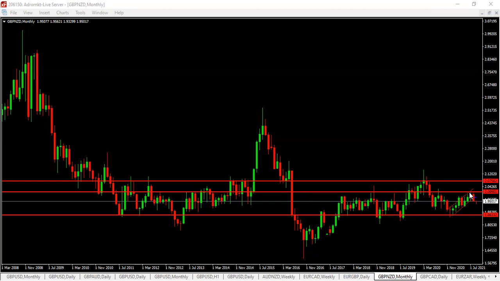Look, I'll say it again: resistance here where it happened, the area itself is resistance, with a slight push up but a push back down within the area. So as you can see, resistance again.